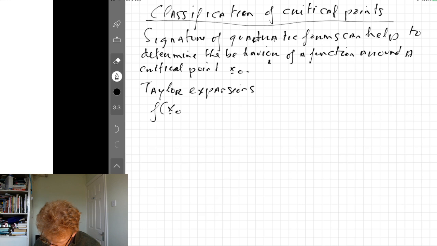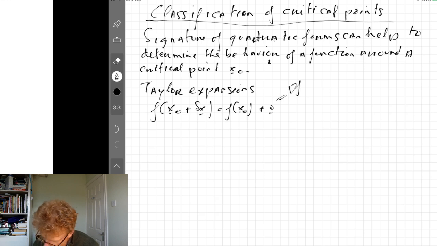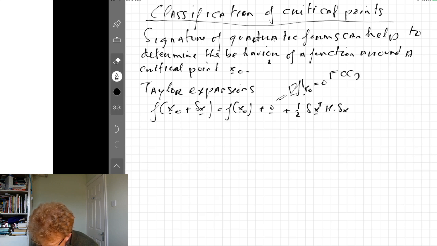So f of x0 plus dx, expanded around x0, is f at x0 itself plus 0, because the gradient of f at x0 is 0. Those are the first order conditions. Plus the second order terms: dx transposed, with dx a column vector and dx transposed a row vector, times H dx, plus order delta x to the power 3.